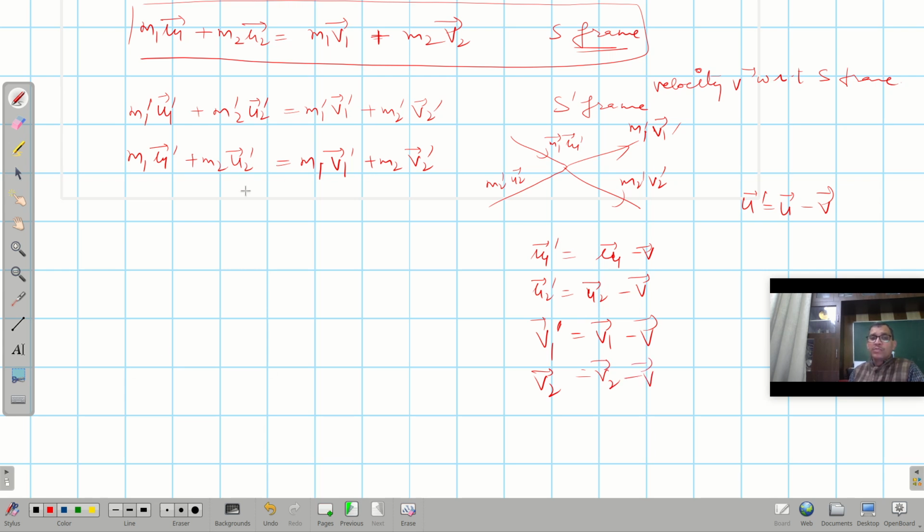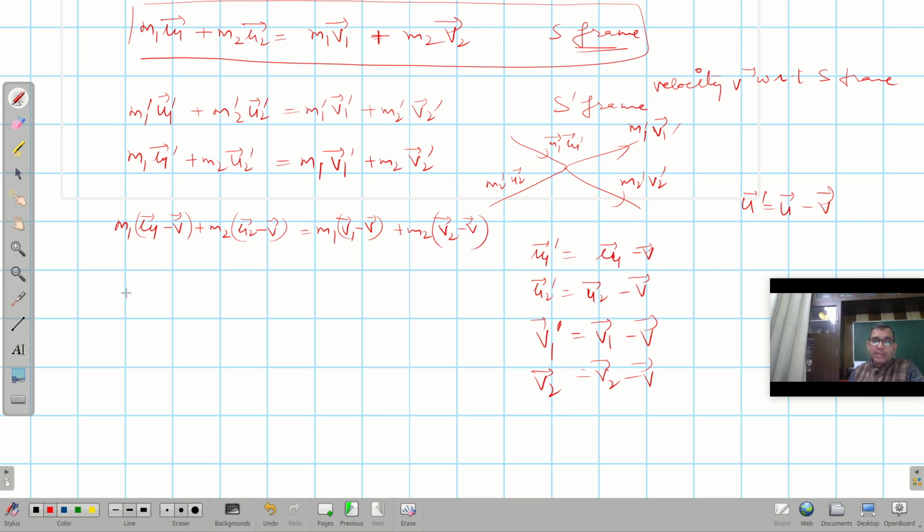So let us put these values here. Then we get m1 times u1 minus v plus m2 times u2 minus v is equal to m1 times v1 minus v plus m2 times v2 minus v.